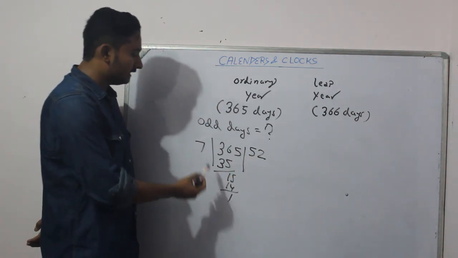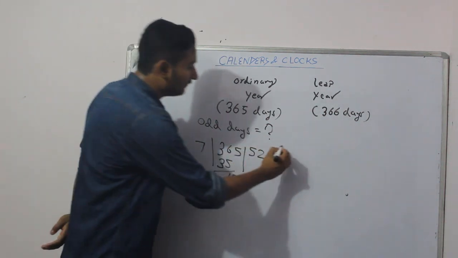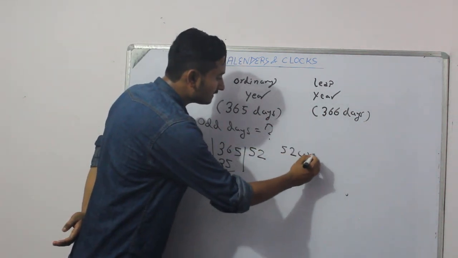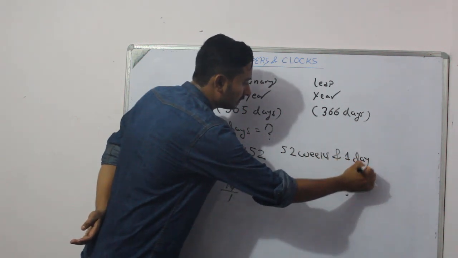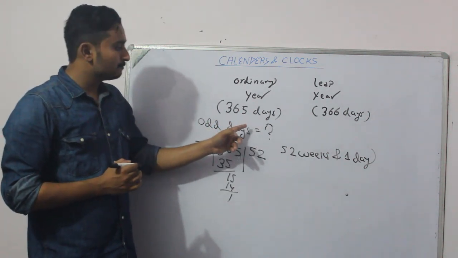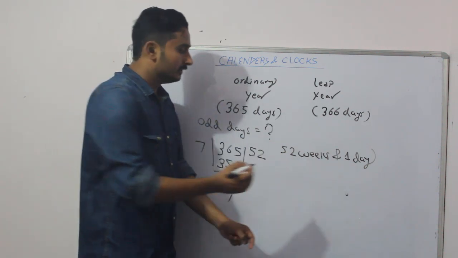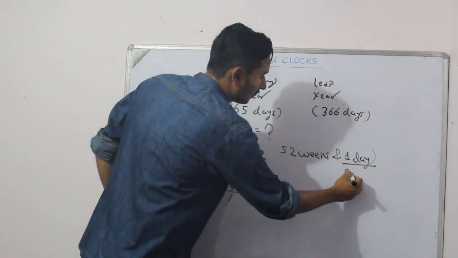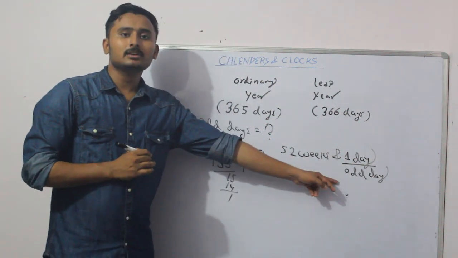The result will be 1 as a remainder and 52 as a quotient, which means we have 52 weeks and 1 day in an ordinary year, that is 365 days. This extra day will be counted as an odd day.